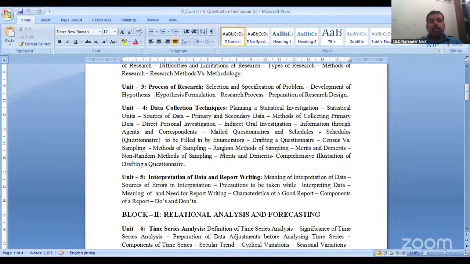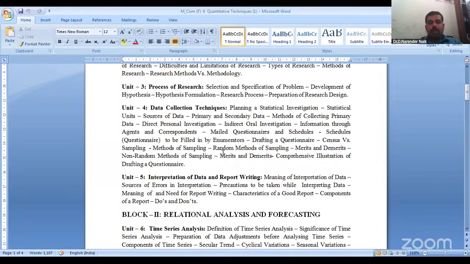Okay, then here statistical units. In that, statistical units and sources of data. In sources of data there are two types of data, that is primary and secondary data. Methods of collecting primary data: the first one is direct method or personal investigation. Indirect oral investigation, information through agents and correspondents, mailed questionnaires and schedules to be filled by the enumerators.